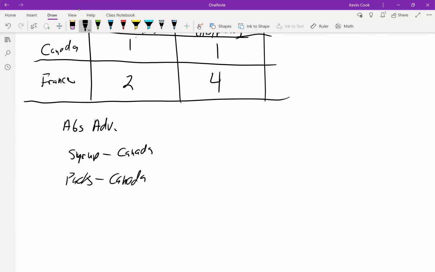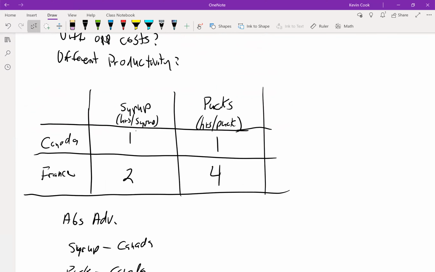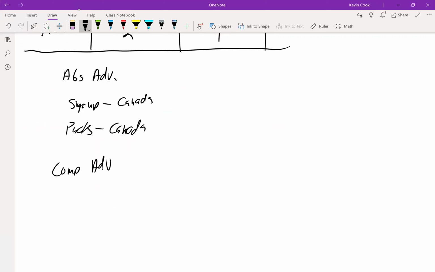So suppose that first we're looking for comparative advantage, and I'm going to first look at the opportunity cost of, I'm going to go with syrup. Wait, no, I'm going to go with the pucks actually. So we'll start out with pucks.